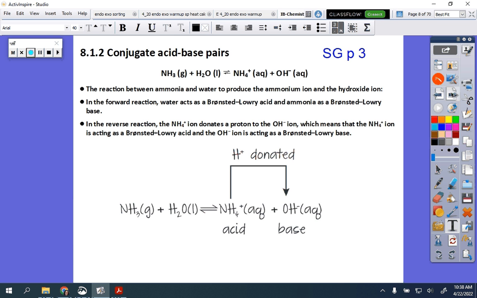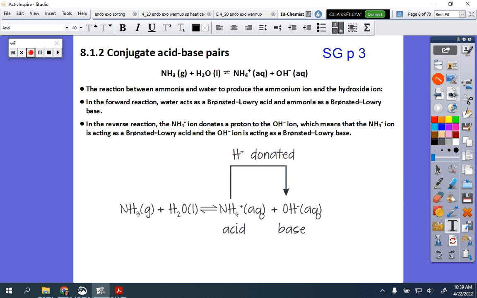When we talk about acids and bases reacting, one of the things that tends to be a little bit tough to get into your head is this idea of conjugate acid-base pairs, a conjugate acid and a conjugate base. If we go back to ammonia reacting with water, the ammonia accepts the proton from the water.